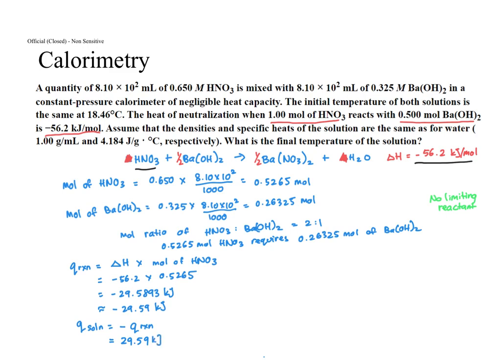Now the final step is to find the final temperature of the solution. So in this case, we are given specific heat capacity of water. We are given the volume of the solutions and the density. So from volume and density, we can find the mass of the solutions.